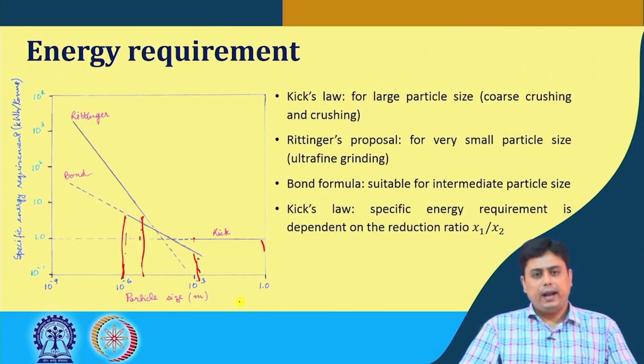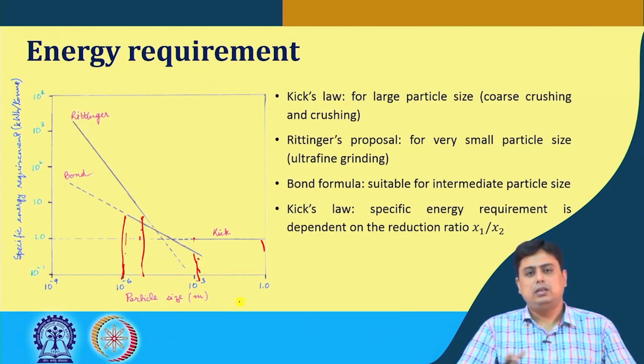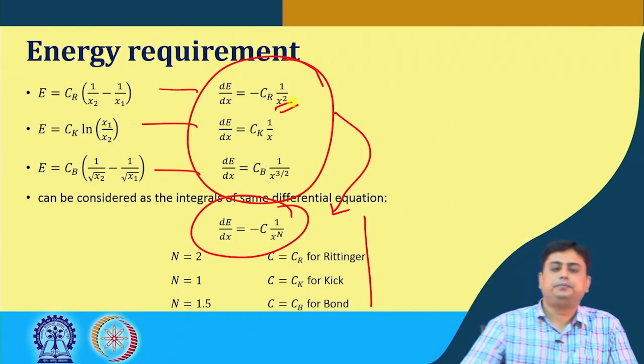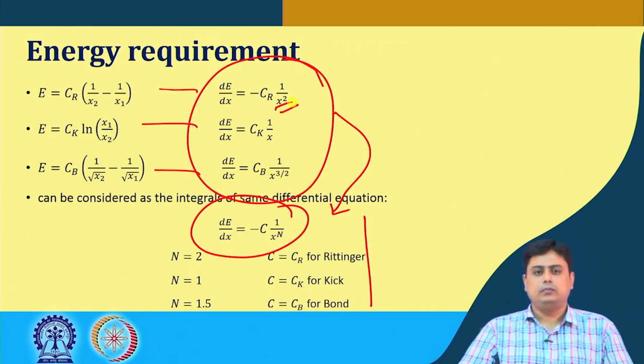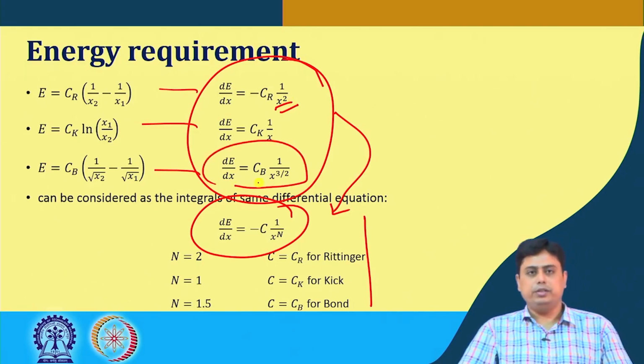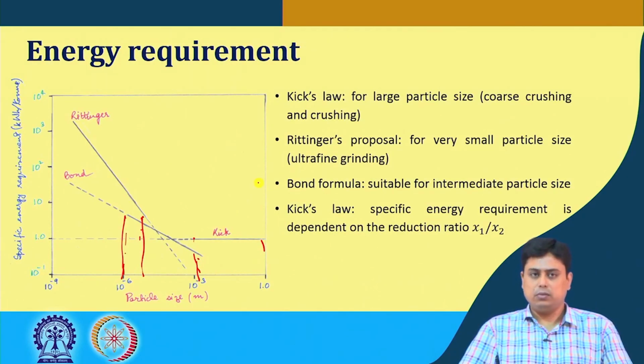Now, if we look at those derivations once again, we can realize that Kick's law dealt with the size ratio, the final and the feed particle size ratio. Rittinger's dealt with the surface area, and Bond's law worked in the intermediate region, and that is what is reflected in this diagram as well.